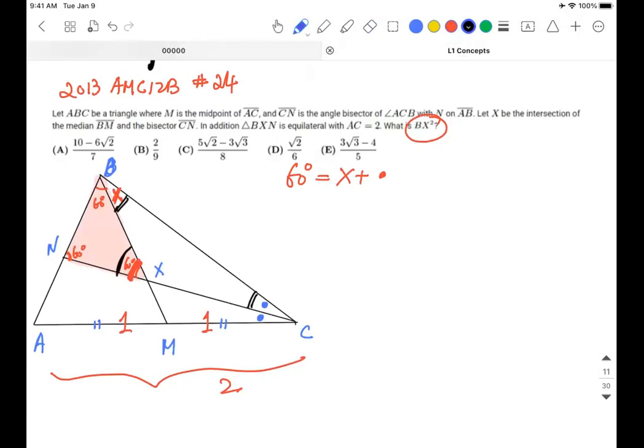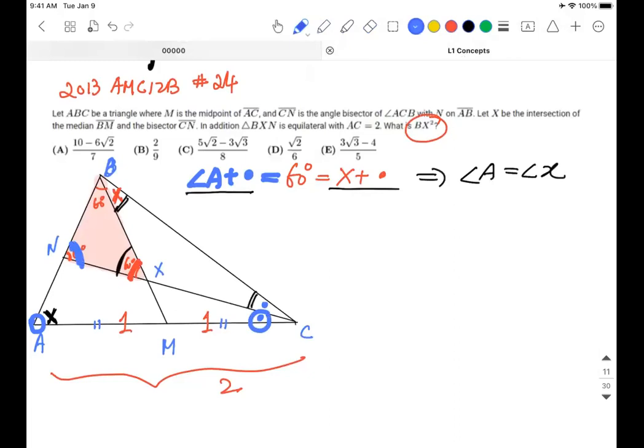And also, I have this. This is also 60 degrees, also equal to angle A plus dot. Is it right? Angle A plus angle dot. These are also considered to be the external angle for angle X. So that being said, you have angle A plus dot equals angle X plus dot. Therefore, angle A equals angle X, right? I'm going to say this is also X.